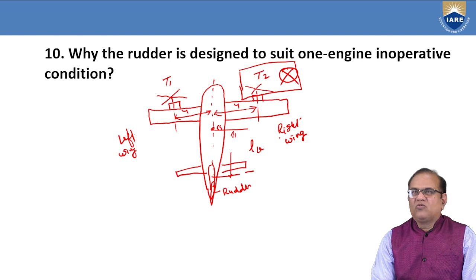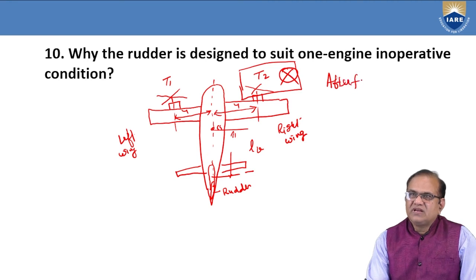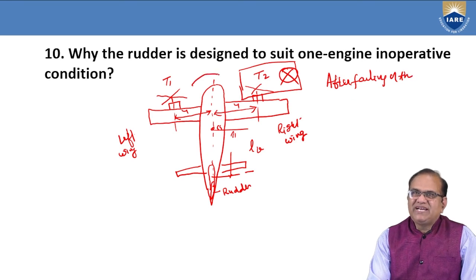So how to handle it? What will happen now? If this engine has failed, only this engine will work, so T1 into this Y. After failure of the engine, a moment will be generated in this direction.